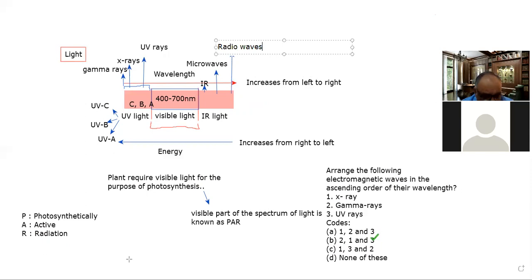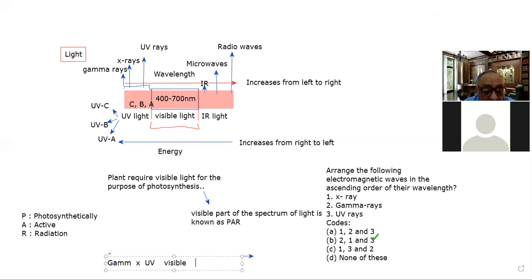So this is the electromagnetic spectrum, or light spectrum. On this light spectrum, first comes the gamma rays. After gamma, here are the X-rays. After X-rays, here are the UV rays. After UV rays, this is the visible light.